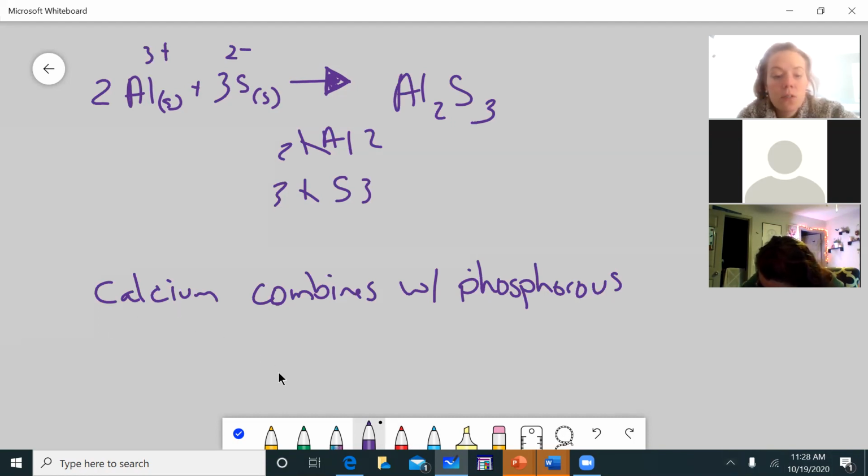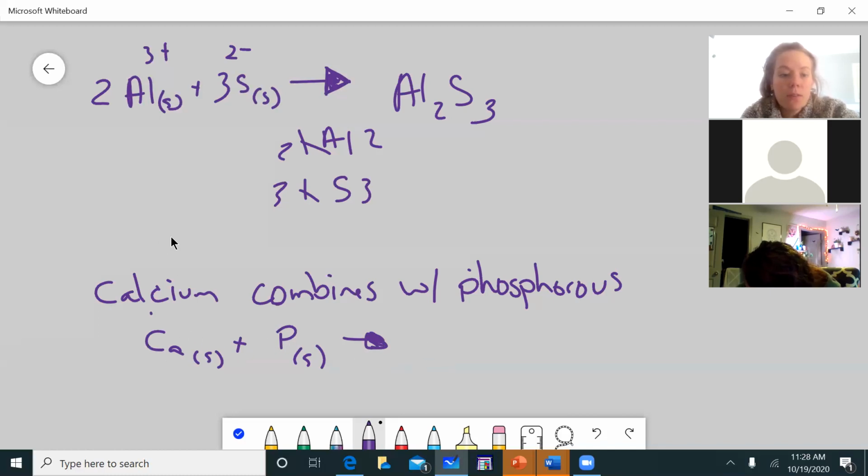Okay, so in this situation, we've got calcium, and it's a solid, combines with phosphorus, and say it's a solid. Neither of those are diatomic, so I'm not going to put a 2. And we're going to produce, well, it's combination, so I've got calcium combined with phosphorus.